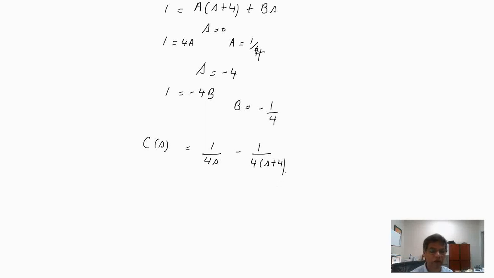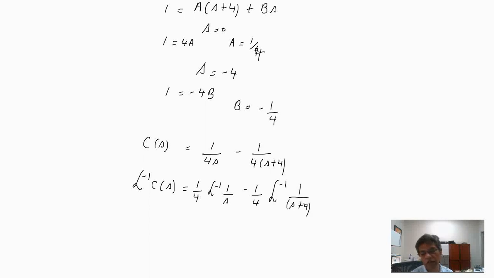Hey, this is not looking that bad, right? So now we can take the inverse Laplace transform of this and find the system response in the time domain. So this is 1 over 4 inverse Laplace transform of this term minus 1 over 4 inverse Laplace transformation of this term right here.